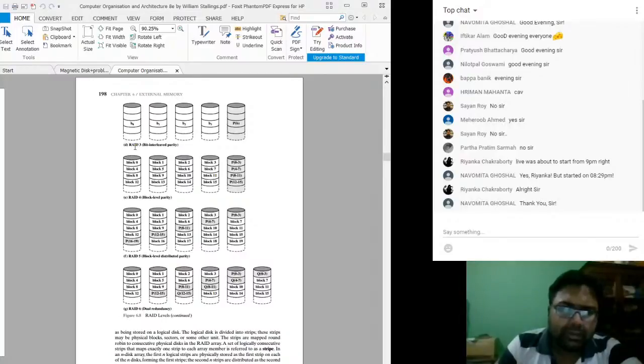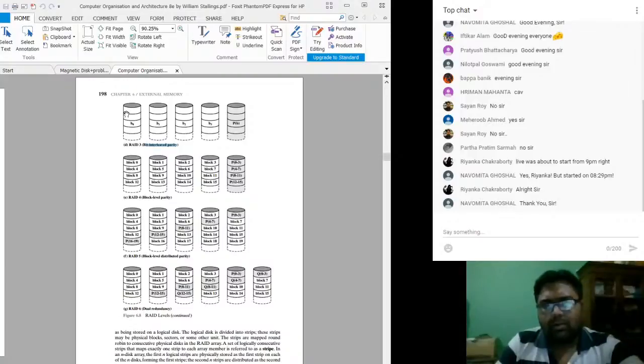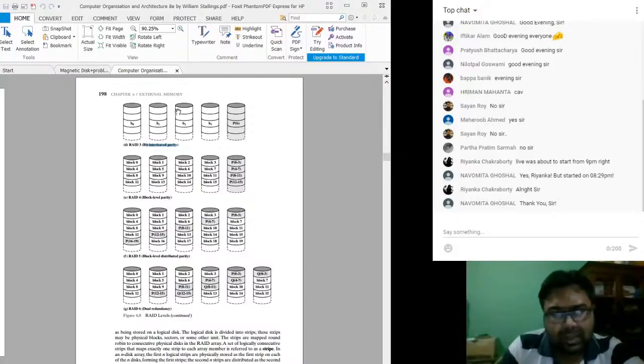RAID level 3 has a bit interleaved parity, meaning bit by bit parity. If parity is evaluated for bit position 0, it is evaluated for bit position 0 in the second disk, third disk, fourth disk, and the overall parity is stored in the parity disk.